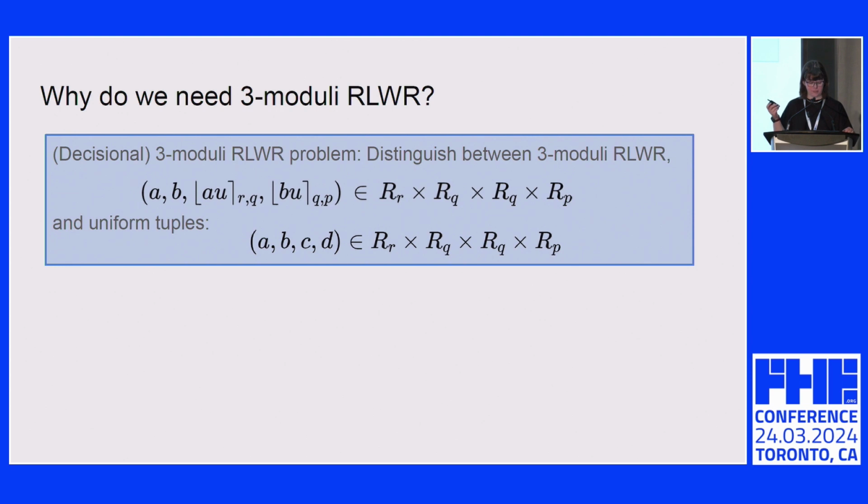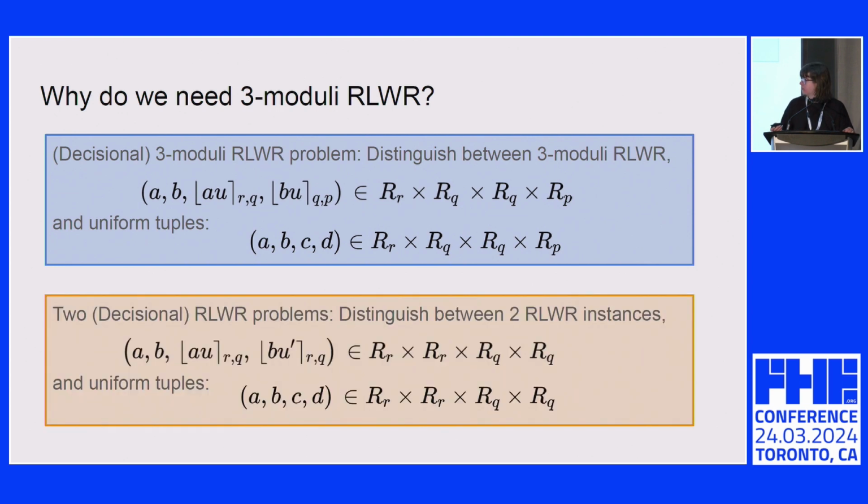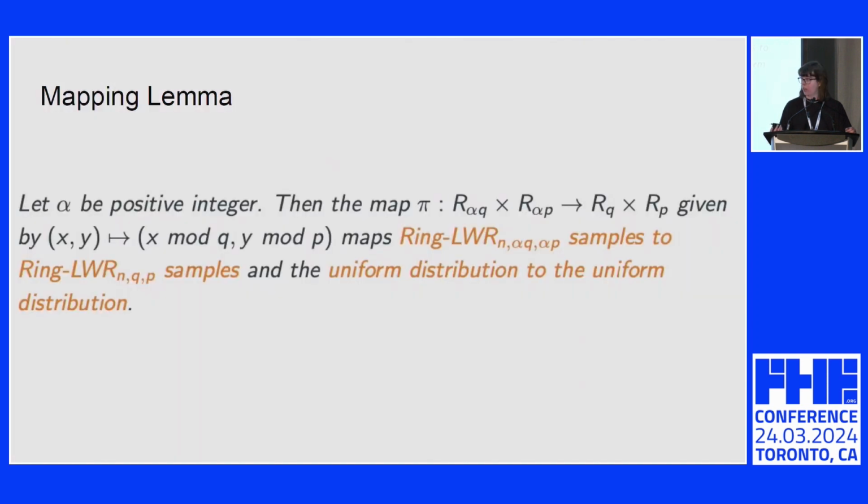The equivalent version of having 2 ring learning with rounding problems would be like having these 2, but these are not quite the same because the U's will be different. So it's a little bit different to just having 2 learning with rounding instances, but it's kind of a regular assumption with just a little unusual parameter setting going on.